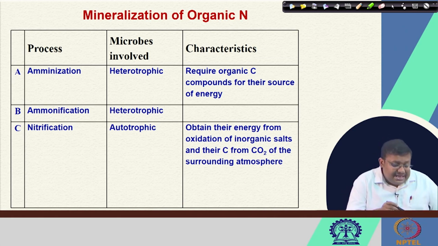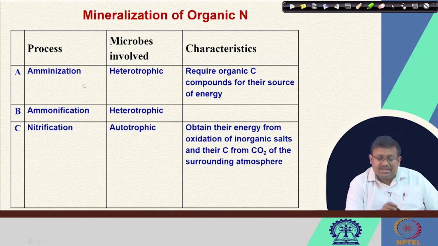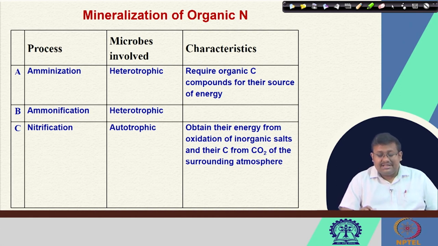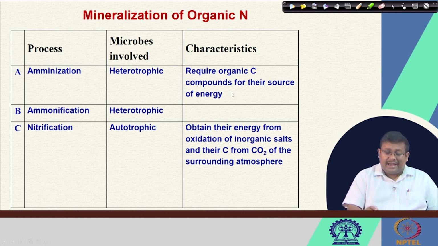You can see the first process is the aminization process. What is the aminization process? I will tell in detail. In this process, mainly heterotrophic microorganisms are involved, and those microbes require organic carbon compounds as their source of energy.